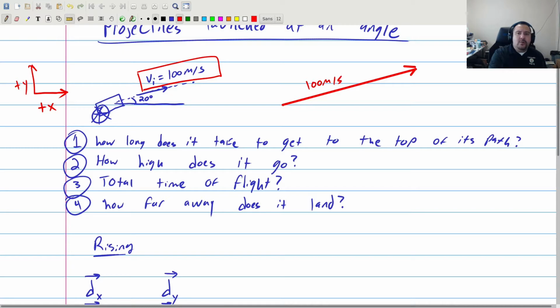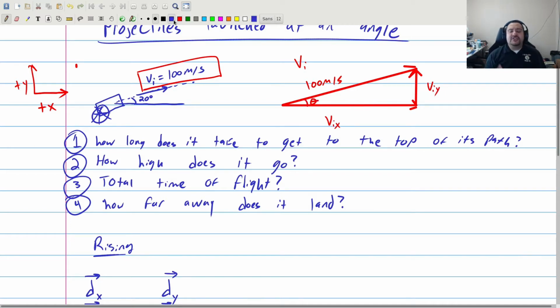That means if I want to know the horizontal component of this velocity, it's how fast it is traveling that way. And if I want to know the vertical component, I want to know how fast it is rising like so. So if this is V initial, this would be V initial x, and this would be V initial y. This is our angle of 20 degrees.